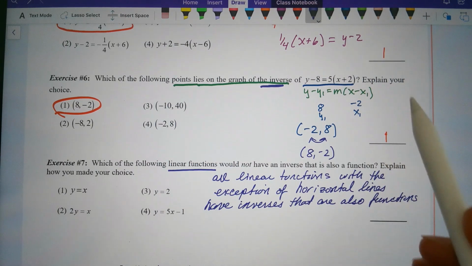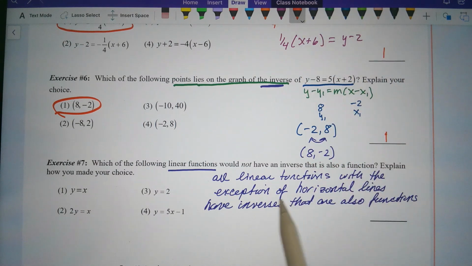So the only one here that is a horizontal line is y equals 2. That is a horizontal line. That is choice 2.